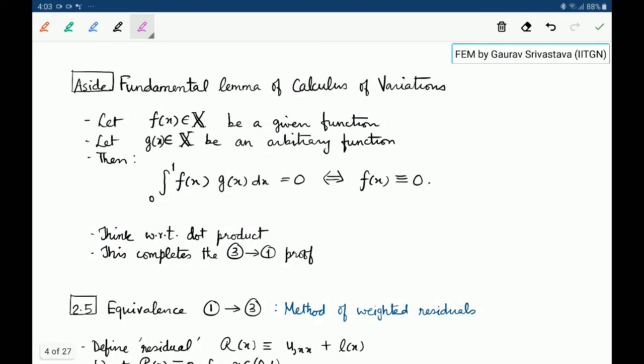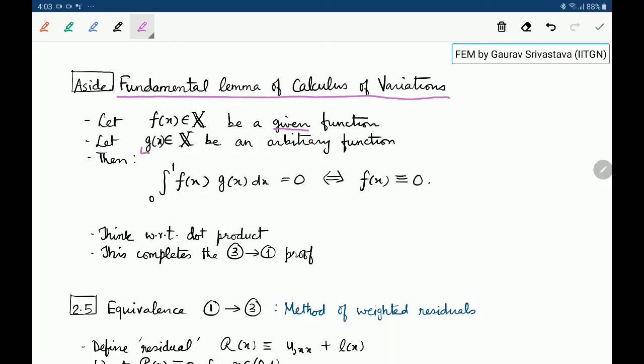Now let's see what the fundamental lemma of calculus of variations says. Here we will not do a mathematically rigorous definition. We will use what we really need for our purpose. So what it says is that let f of x be a given function. Given means it is given, fixed.